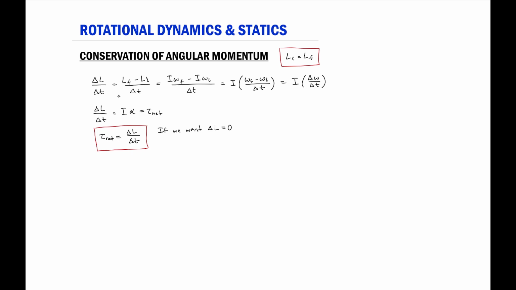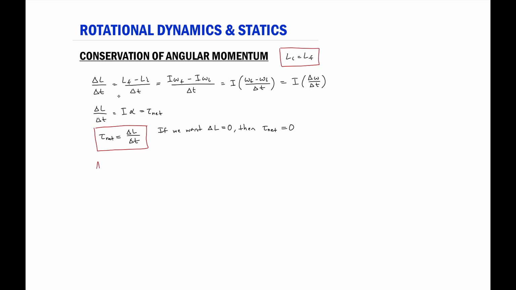The only possible way for this to happen is if your net external torque is 0. So if we want delta L to be equal to 0, then our net torque must also be equal to 0. So therefore, we come to the conclusion that angular momentum is conserved only if the net torque is 0.